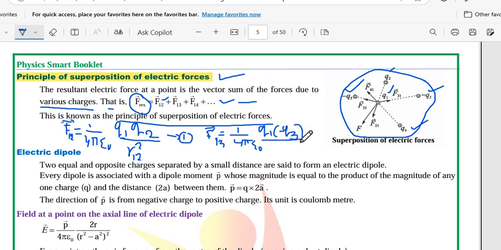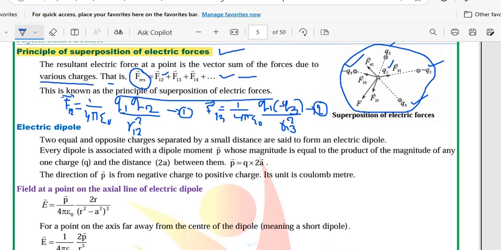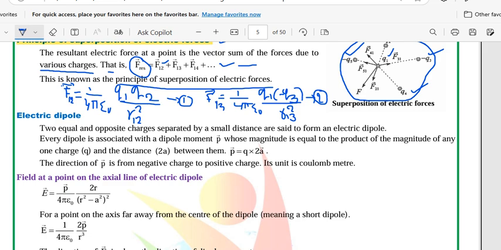Therefore, divided by r13 square. This is equation number 2. If you go on writing like this by considering the n number of charges in the system, you can add the vector sum of the forces due to the various charges. So have you got the superposition of electric forces? This is all about the principle of superposition of electric forces. I hope this concept is clear to you.